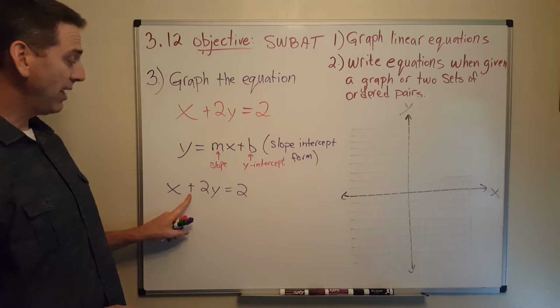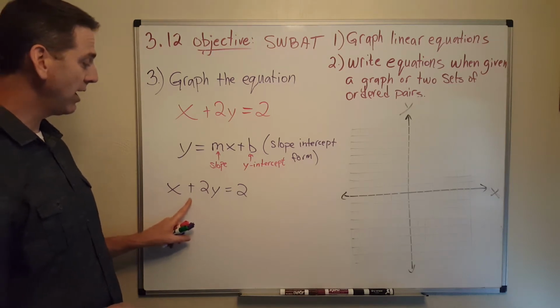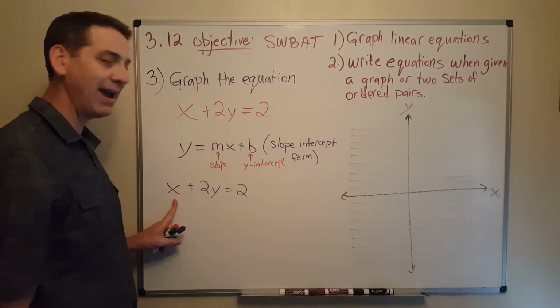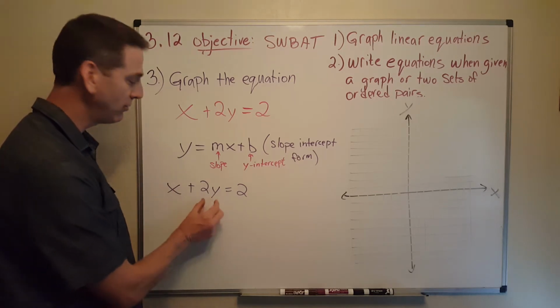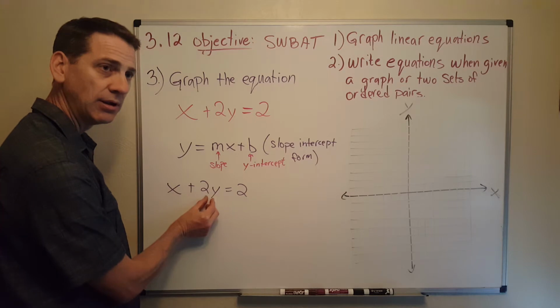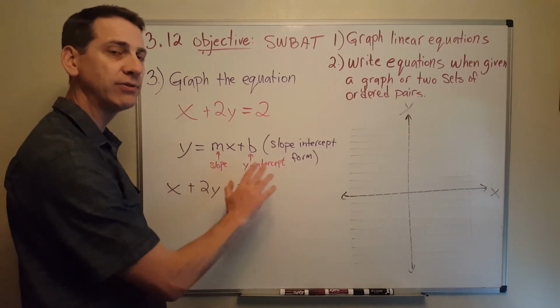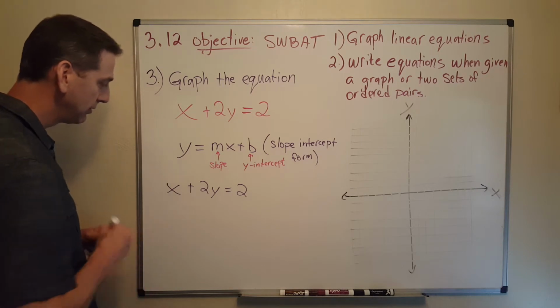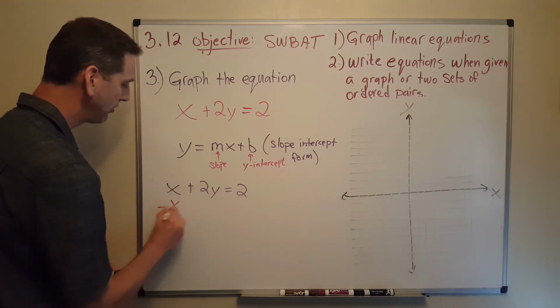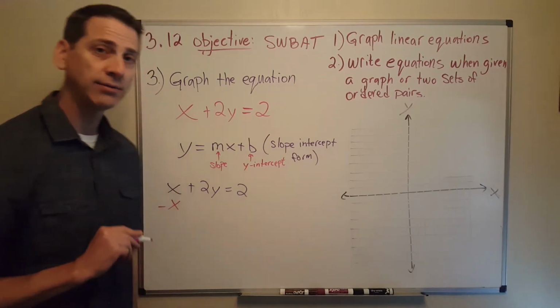Well, I am. I'm adding this, I'm adding here, right? So I need to get rid of this x. Okay, and I get rid of addition before I get rid of multiplication, right? These two are multiplied together. Right? Get rid of your addition and subtraction first. Okay? So in order to get rid of an x, well, it's really easy. I just subtract x, and he's gone.